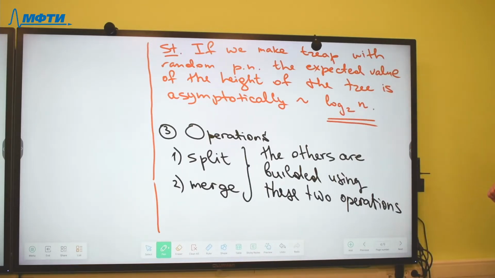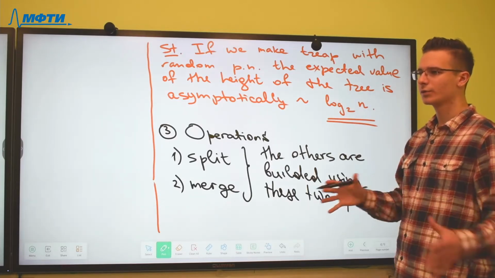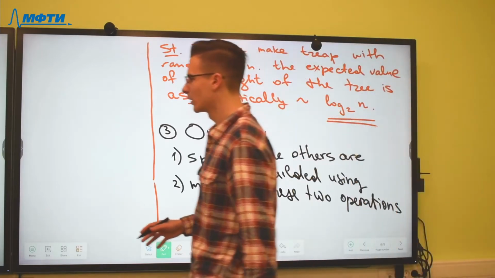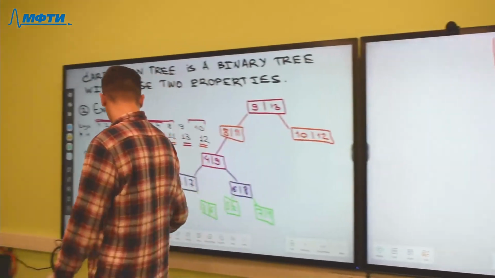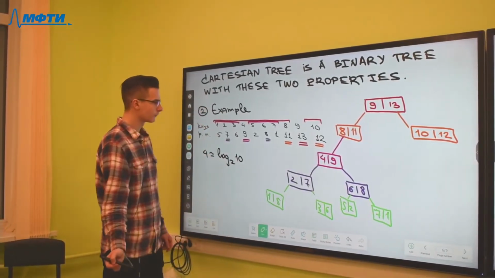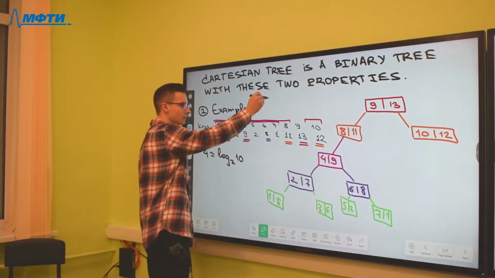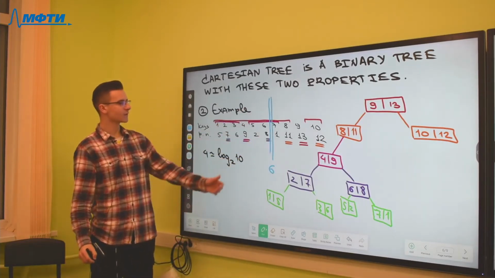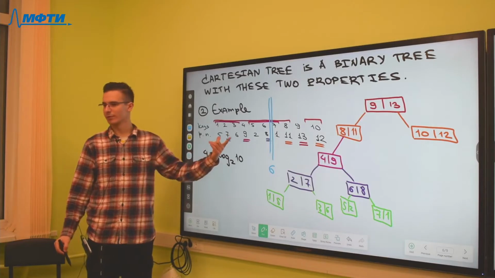So, do you know what it means to split the tree? We make two trees, we split it, for example, by key. We have, for example, key 6, and we want to make two subtrees.